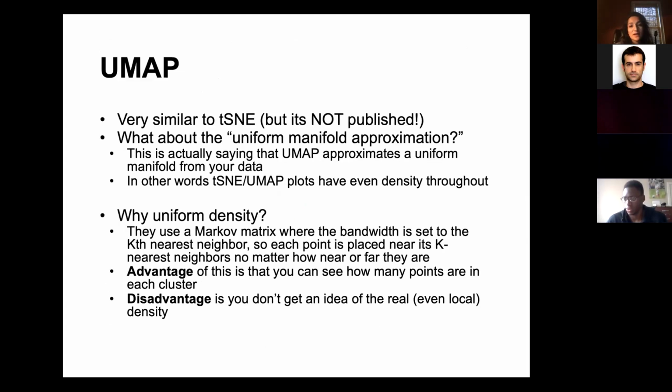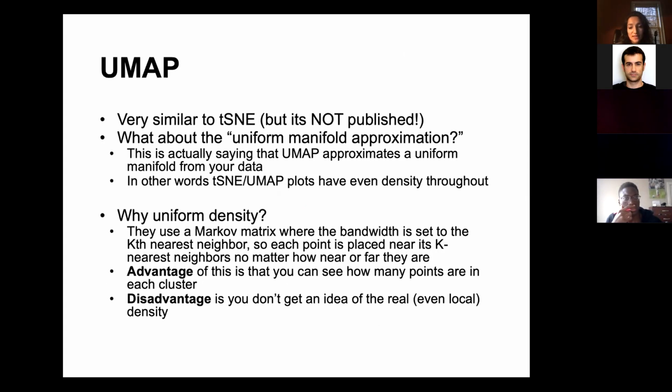Okay, so what about UMAP? Now UMAP is actually very similar to t-SNE. So why does it have this other name? Why isn't it called t-SNE 2.0? Of course, the ultimate answer to that question will have to come from the people who coded UMAP. But one thing I want to keep in mind is that it's not really published.